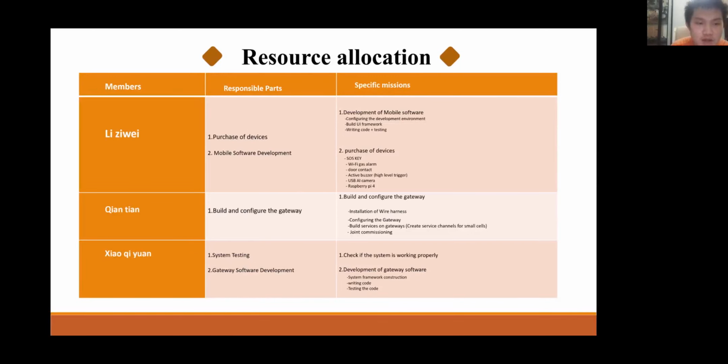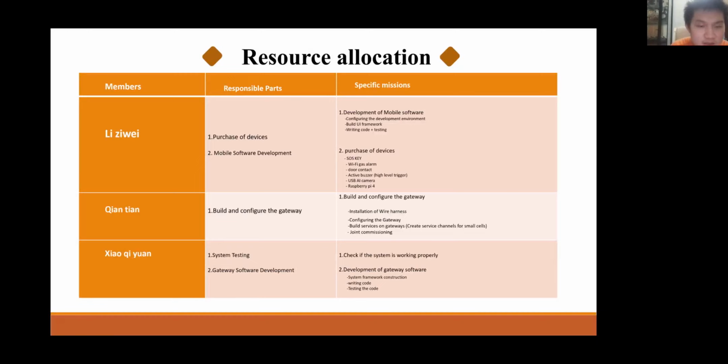And about Chaotian's work, he built and configured the gateways, and also installed the wire harness, configured the gateways, and built services on gateways, which create service channels for small cells, and also joined the commissioning.